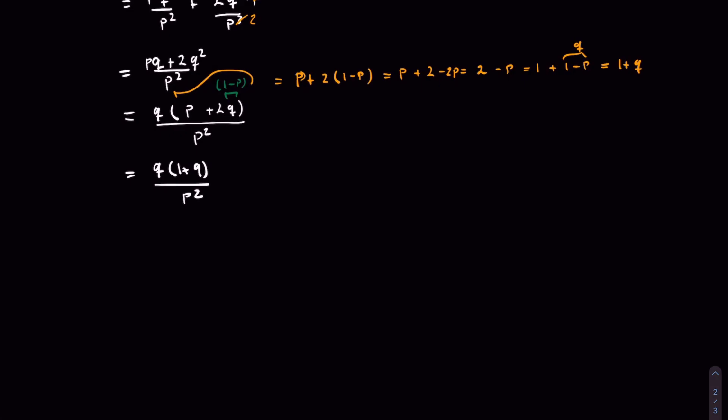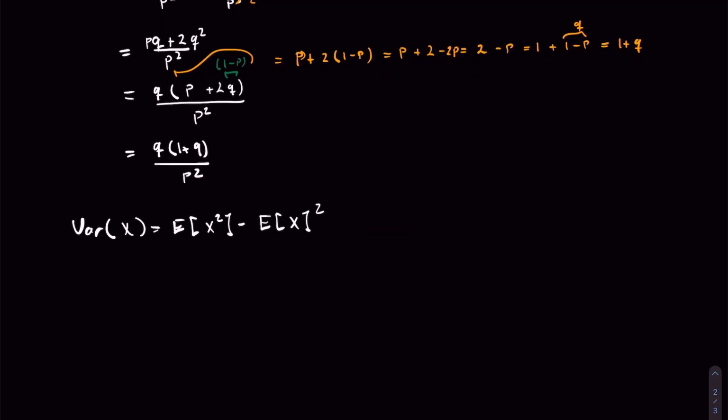And now we are just going to calculate the variance. So the variance of x is the expected value of x squared minus the expected value of x, squared. And we have already all those pieces, so we can just put everything together.